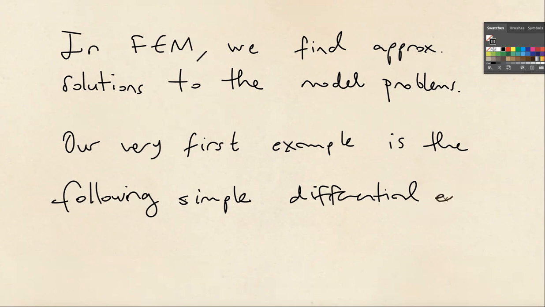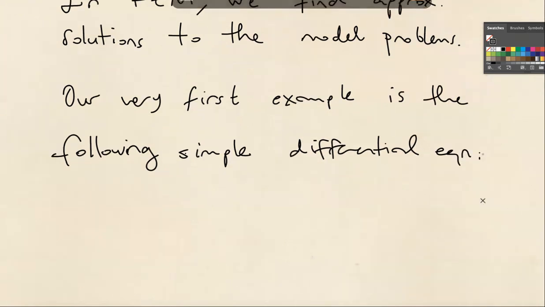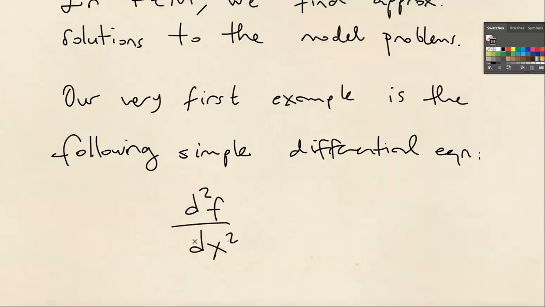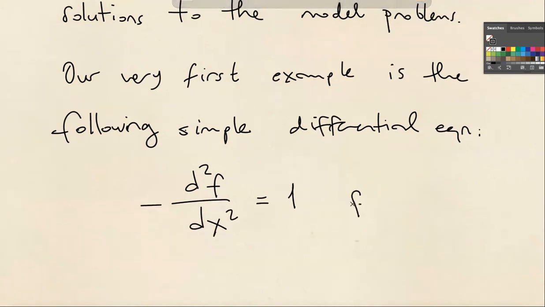So the differential equation is going to be, let's say, negative d squared f over dx squared is equal to 1. This is a common example I use for the very first example, valid on the domain omega, between x equal to 0 and 1.